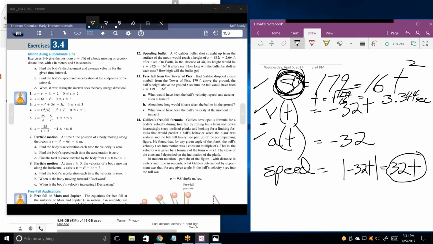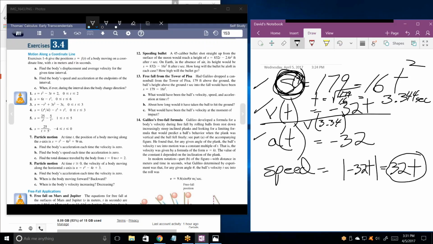Now we have a velocity function we already figured out. What's the velocity when it hits the ground? Negative 32t. What's the velocity when it hits the ground after 3.344 seconds? So would I put that in for t? Yeah. In other words, what we want is v of 3.344.